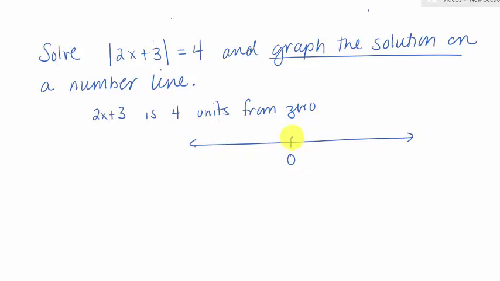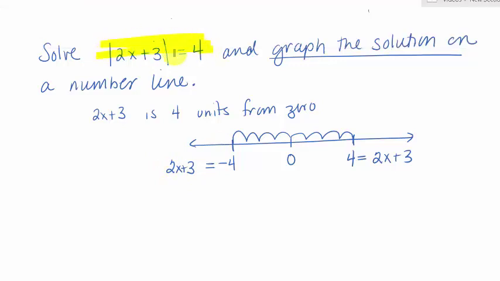If 0 is here, I could go 1, 2, 3, 4 units away, and I could say that 4 units away from 0 could be equal to my 2x plus 3, or I could go 1, 2, 3, negative 4, and this negative 4 could be equal to 2x plus 3, because again, what we're saying with this equation is that this quantity 2x plus 3 is equal to 4 units away from 0.